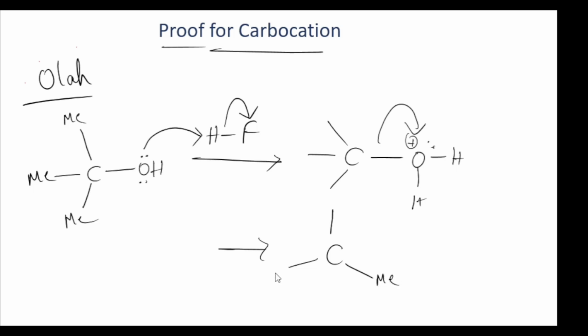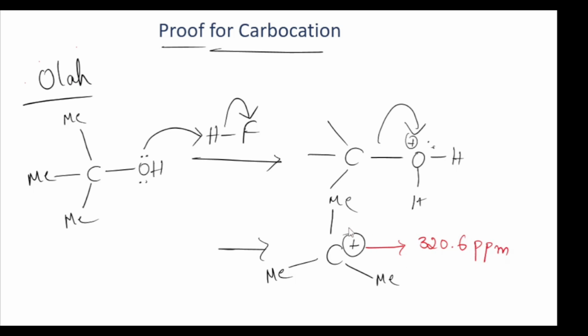Carbocation. This is also Me, Me and Me. This is a carbocation. When we observe in carbon NMR, we come to know that the chemical shift for this particular carbon, which is carrying a positive charge, is going to be 320.6 ppm.